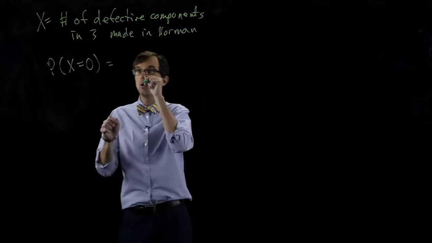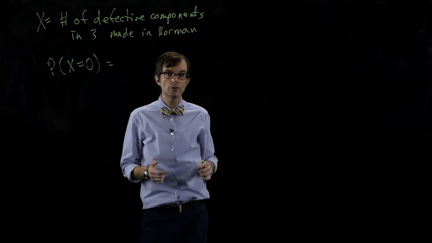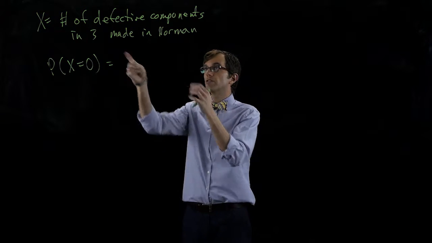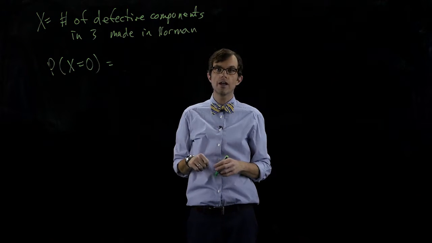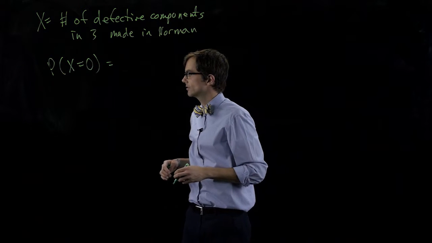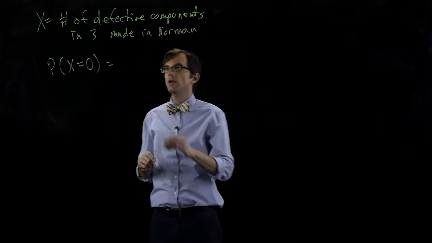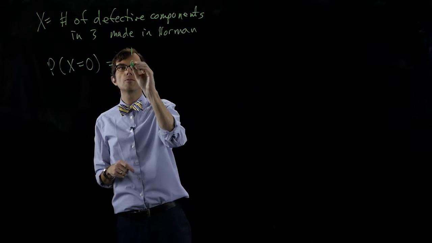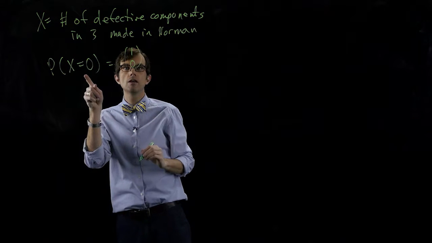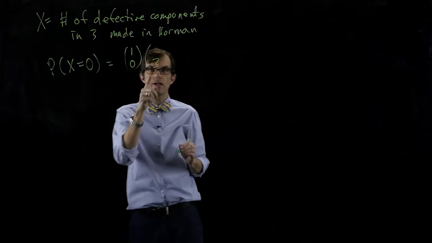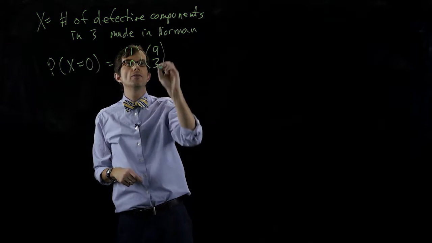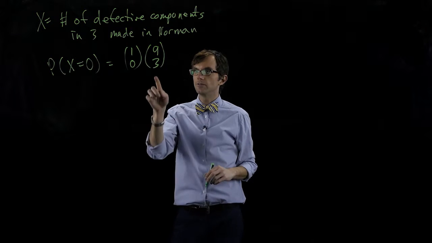Well, we know that this is a hypergeometric problem. We know exactly what this population coming from Norman looks like. There's 10 in the batch, and we know that 1 of them is defective. From that 1 that's defective, we're going to pick none of those. That must mean in our sample of 3, we're going to pick from the 9 that are not defective.